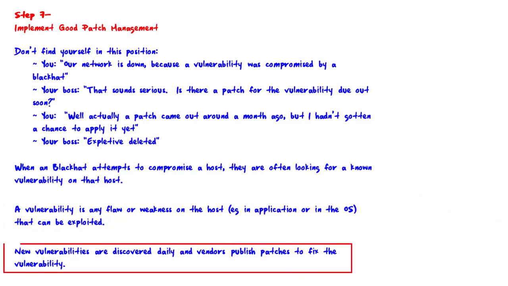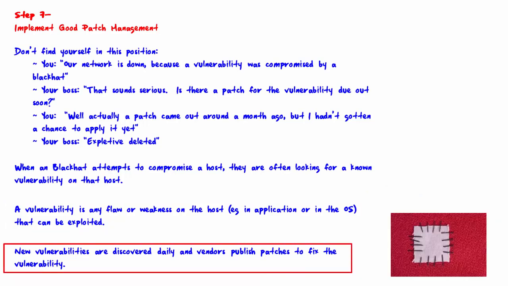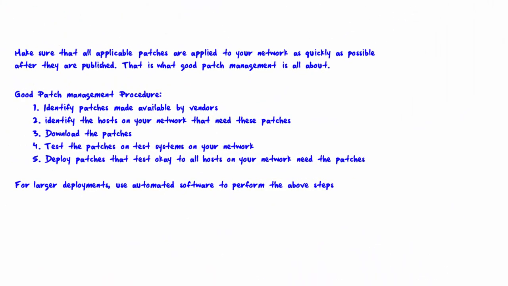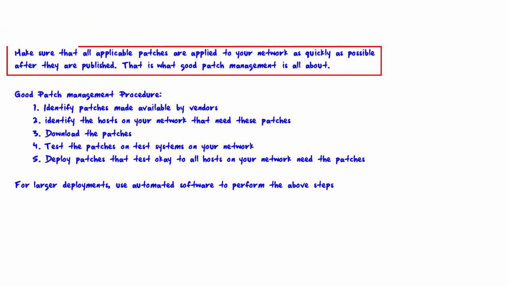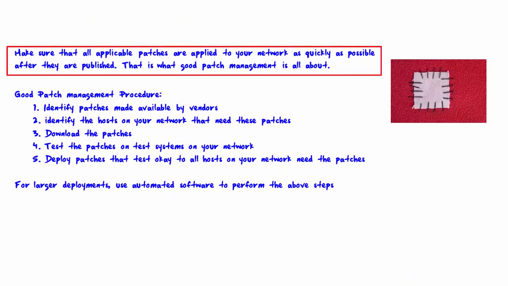New vulnerabilities are discovered daily, and vendors publish patches to fix the vulnerability. Make sure that all applicable patches are applied to your network as quickly as possible after they are published. That is what good patch management is all about.